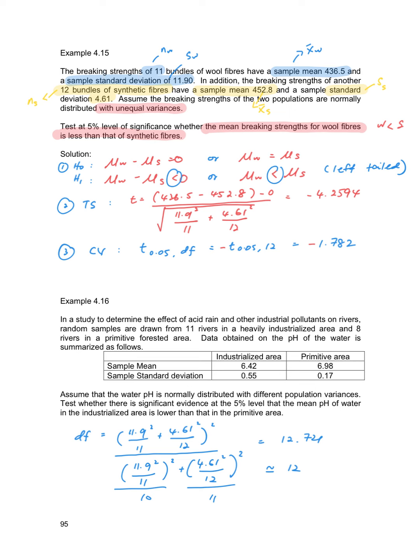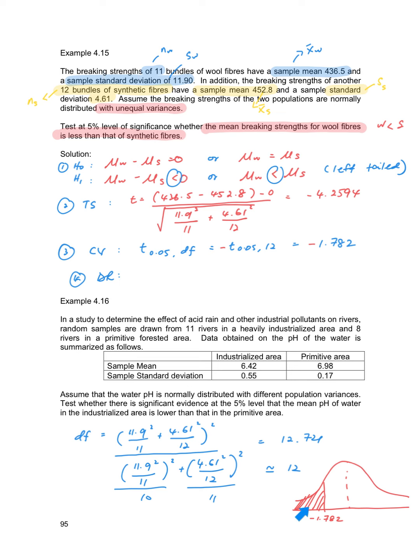Then step number 4, write your decision rule. If we draw, we will focus on the left side. This is the critical value, negative 1.782. We will reject when the test statistic value falls in this rejection region.